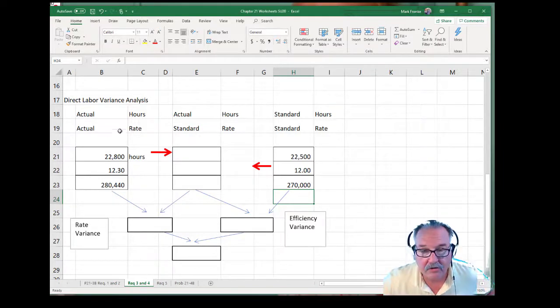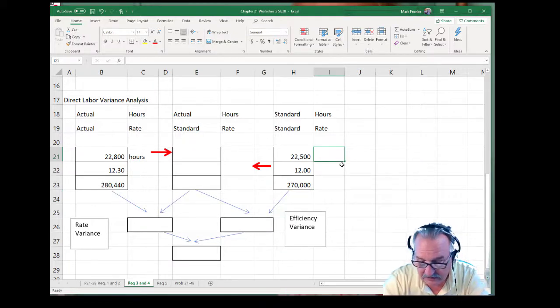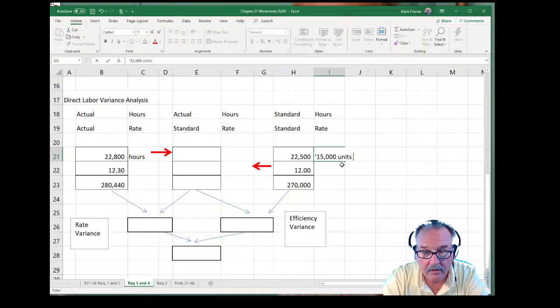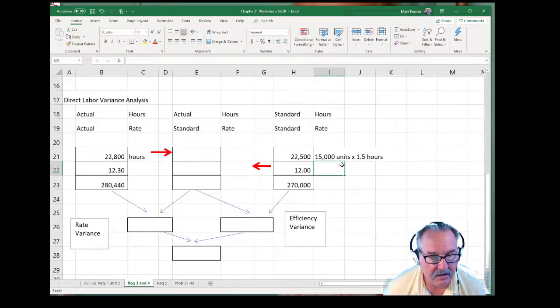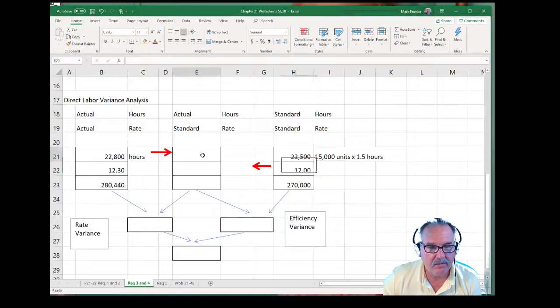So the 22,500, again, just like with the materials, it's 15,000 units times 1.5 hours. That's our standard number of hours. We expected to spend 22,500 hours to make 15,000 units, and we expected to pay $12 per hour to our labor, to our employees.